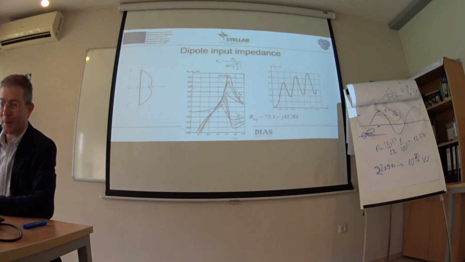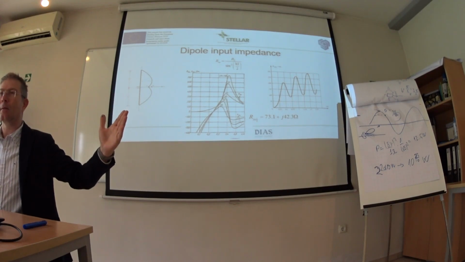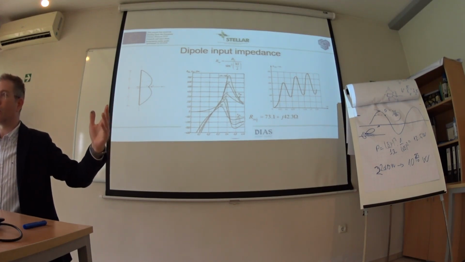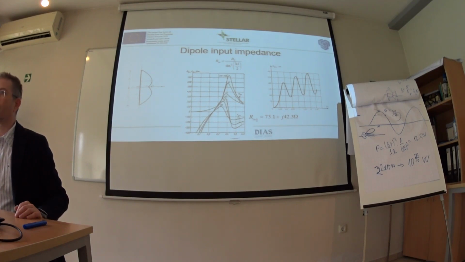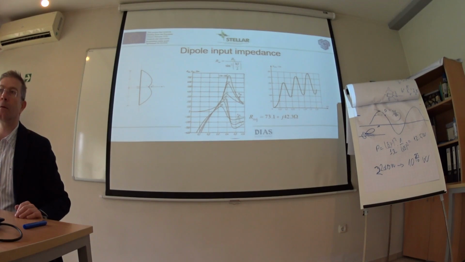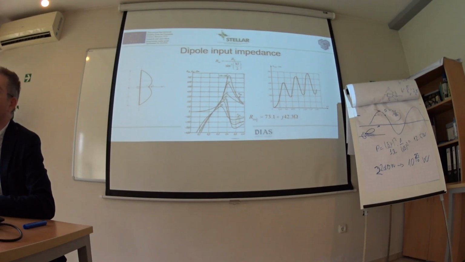On the abscissa, we have the ratio between the dipole length compared to the wavelength, and on the y-axis we have the impedance, which is a complex number. So sorry guys, in electricity we have complex numbers.